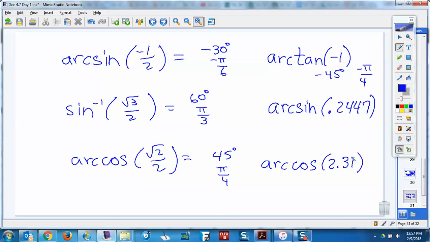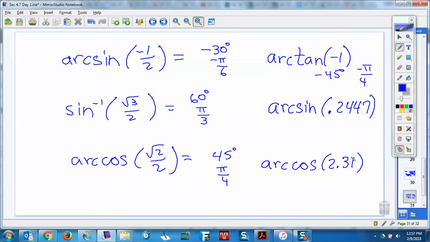Now, put in that last one. Put in arc cosine of 2.31. What do you get? You get an error. Oh wait, why would you get an error? It's bigger than 1. Remember, what we're putting in are the values, and we're getting out angles. And we already know that cosine and sine values are stuck between -1 and 1.